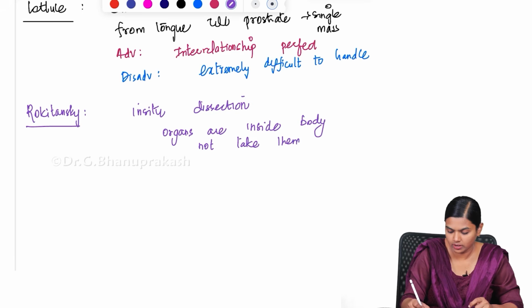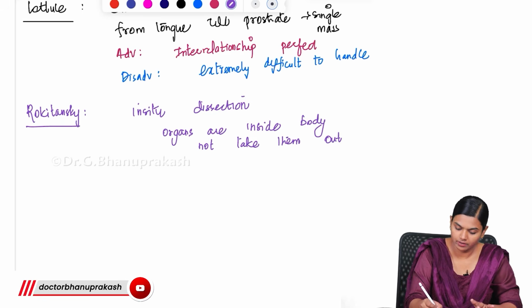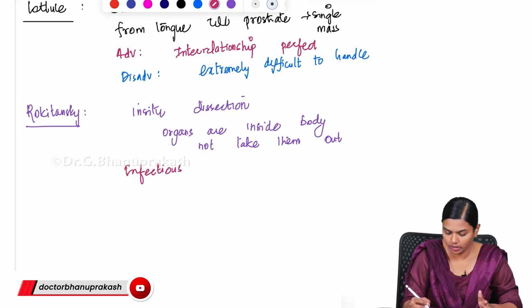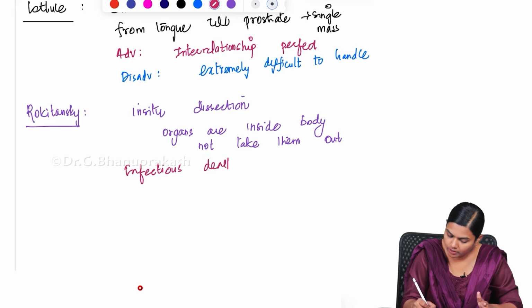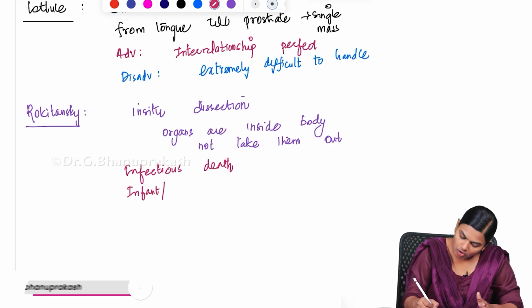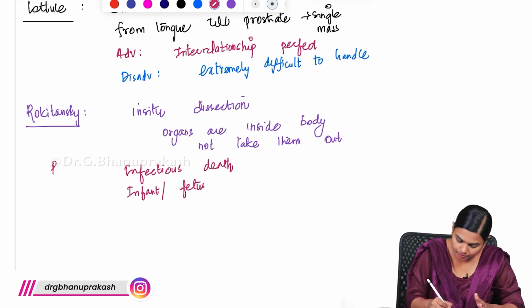This is Rokitansky method, and this is preferred in cases with infectious bodies. Highly infectious, like COVID deaths, all kind of infectious death, we will do this. And if it is a case of infant or fetus, we will prefer this Rokitansky method.